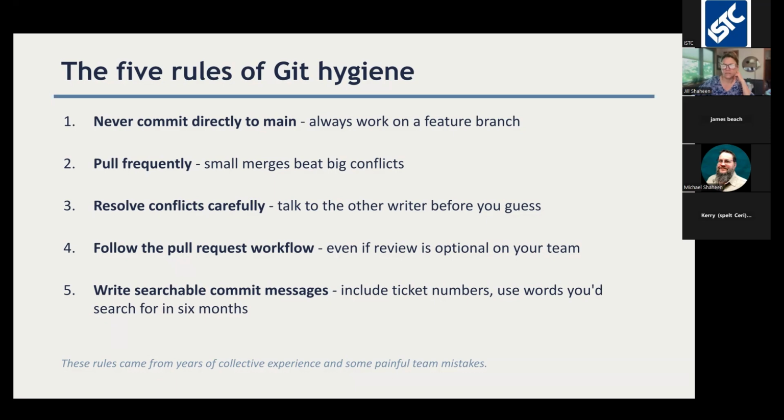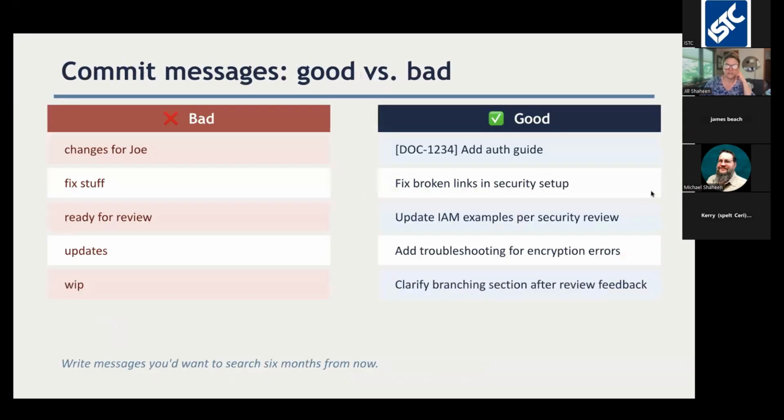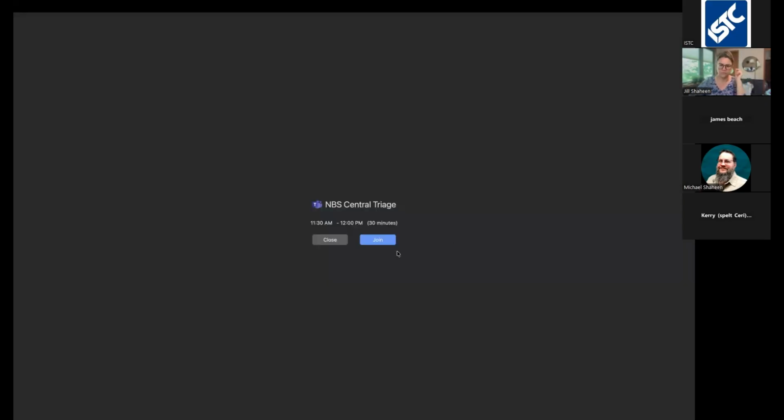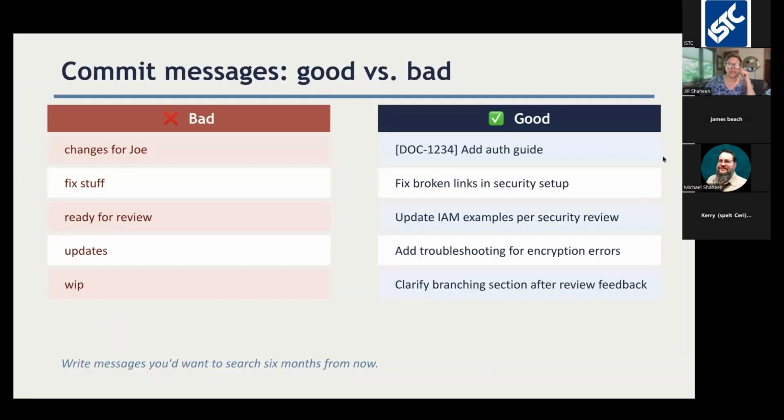And number five, really important: searchable commit messages. You are going to want to find a change that you made later. The bad commit messages on the left are real, common ones I see all the time.